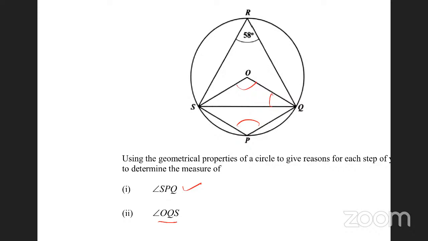Please remember, OQS means start at O, then Q, then S, so the angle in the middle is what you want to find. Everybody okay with that? So that was an easy one. Anybody confused? The only way to really do this is to know the rules, but for now you should have the rules in front of you.